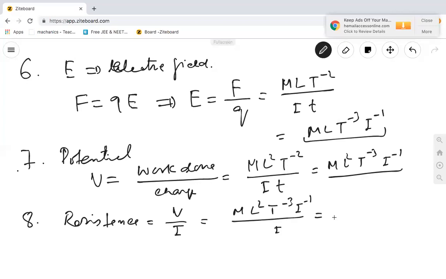So what is that? M L2 T minus 3 I minus 2, because it will go up and again become minus. The I power 1 goes up and becomes power minus 1, and adding to the existing minus 1 it becomes minus 2. Yes, sir. Answer. Okay. Let me go to the 9th.